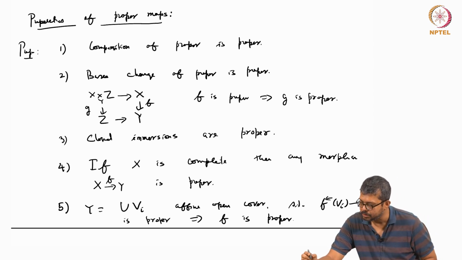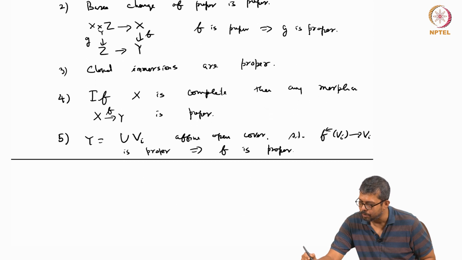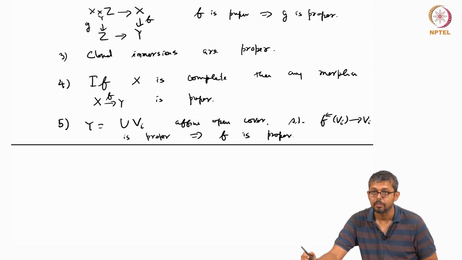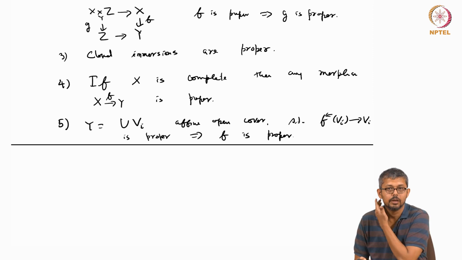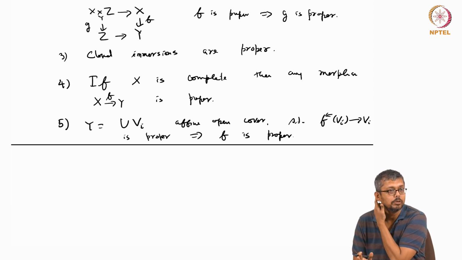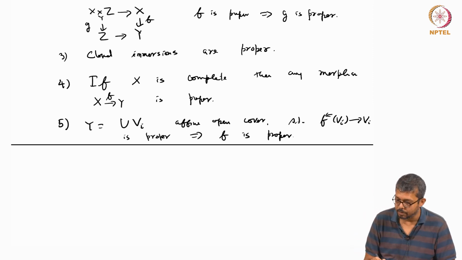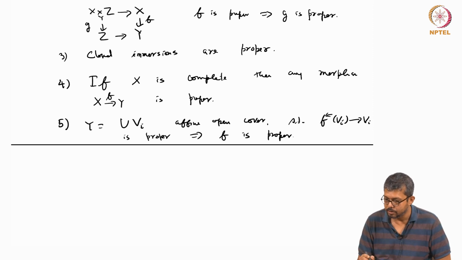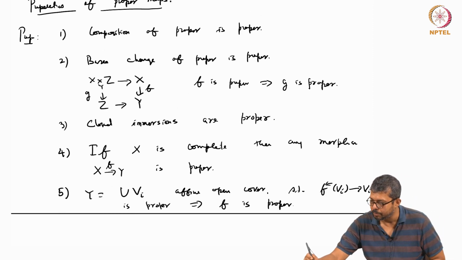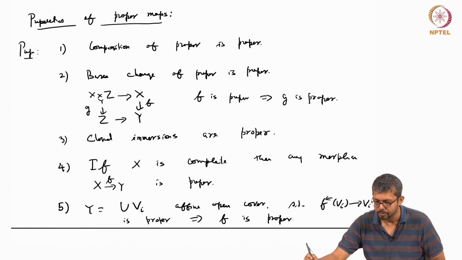So in some sense it is a local property. If you have an open subset and the inverse image to V_i is proper, then F is proper. Okay. So now some sketch of the proof.